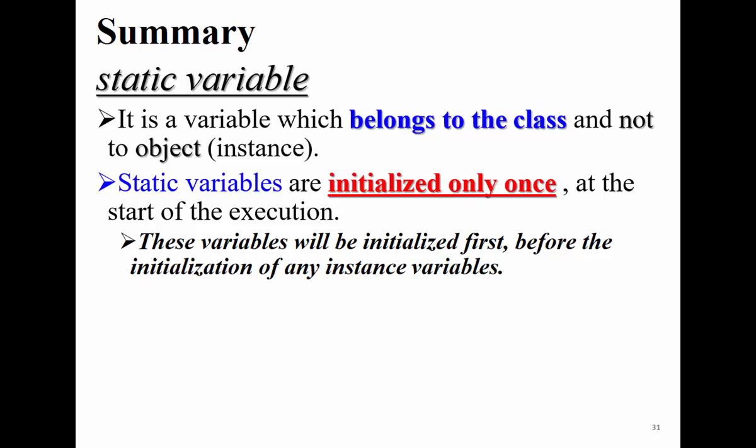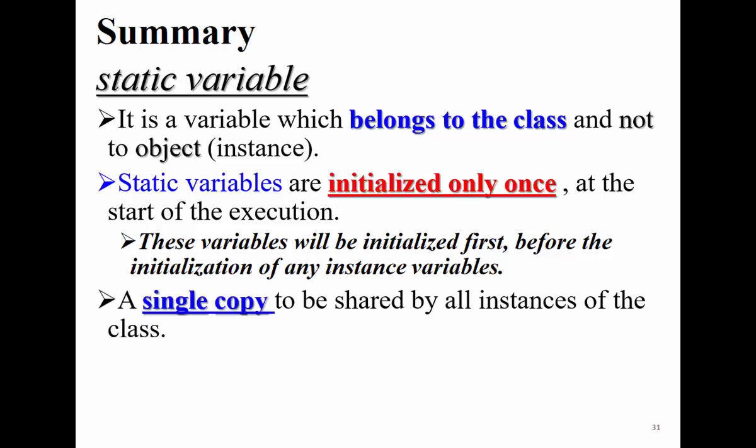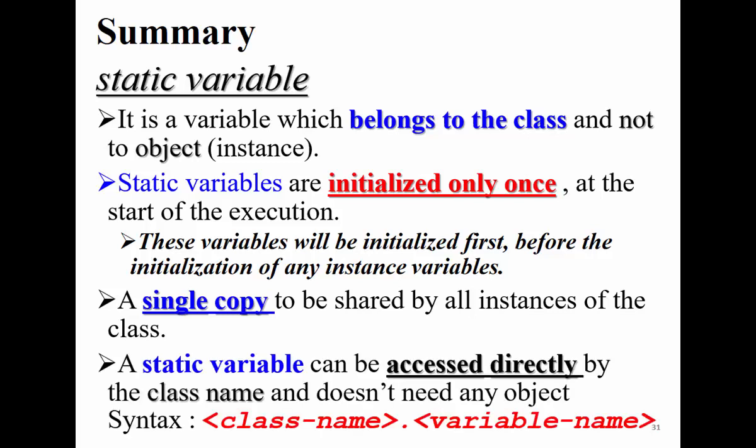The variable will be initialized only once before the initializing of any instance variables. And there is a single copy of this static variable shared between all the objects of this class. Normally we can access the static variable by using the name of the class dot the name of the variable.